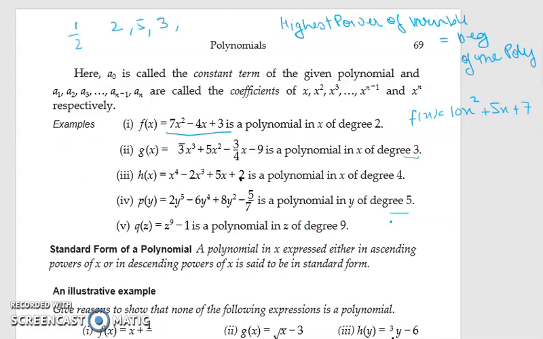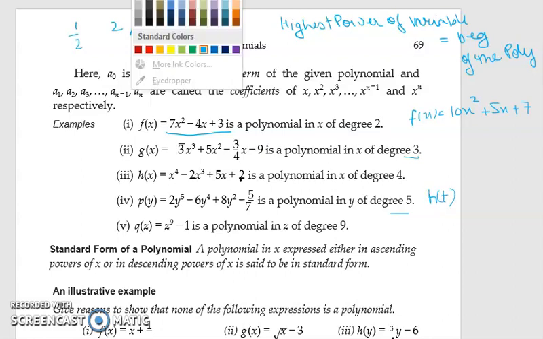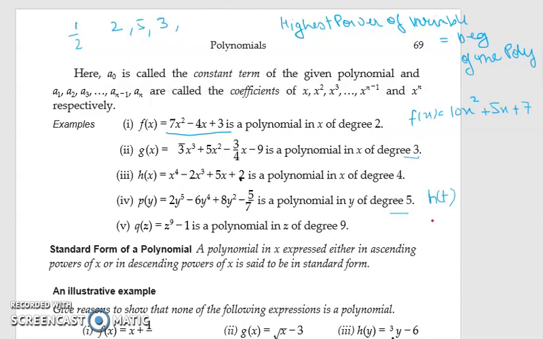Now if I write another example, I can take anything, ht is equal to t raised to the power 25 plus 5t raised to the power 10 plus 7t raised to the power 9.